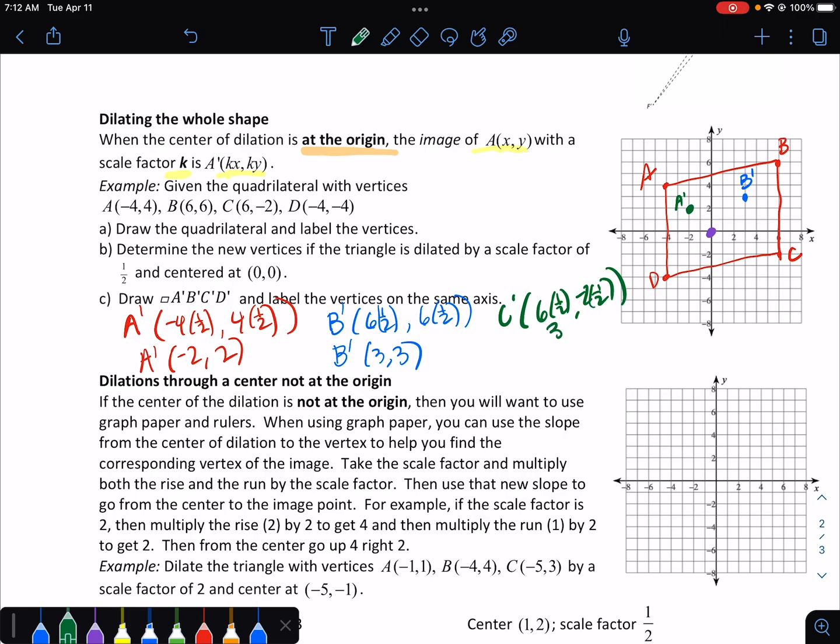So that gives us 3, -1. So there's our C prime. And then D prime, we're going to take -4 times 1/2 and -4 times 1/2. So that gives us -2, -2.